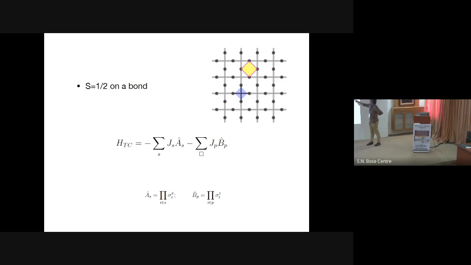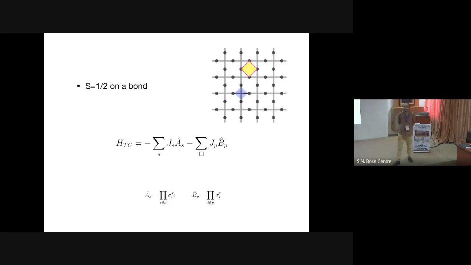You take the 4 spins and take the sigma z component and take their product. Earlier you took the sigma x component and took their product for the sides, but for the plackets, you take the sigma z component. So for this placket, sigma z, sigma z, sigma z, sigma z. For this placket, sigma z, sigma z, sigma z, sigma z. That's this second term.